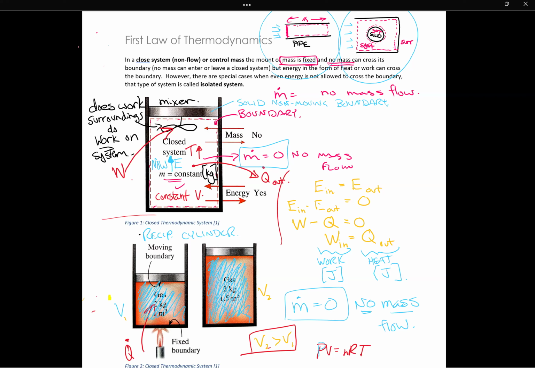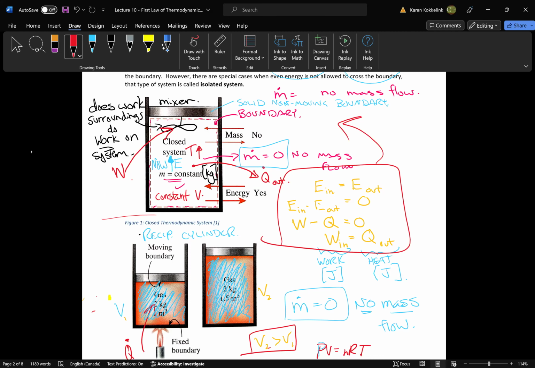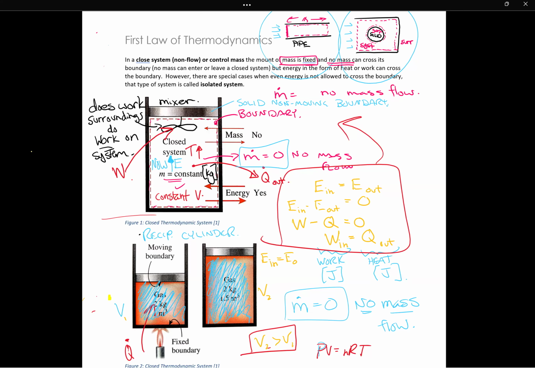I had this energy equation for the previous problem. What's my energy equation for this problem? Well, something really cool is happening. E in equals E out. E in is Q dot. It's my heat energy. I don't have to do mass flow rate. I can divide both sides by time. So Q equals the energy out.